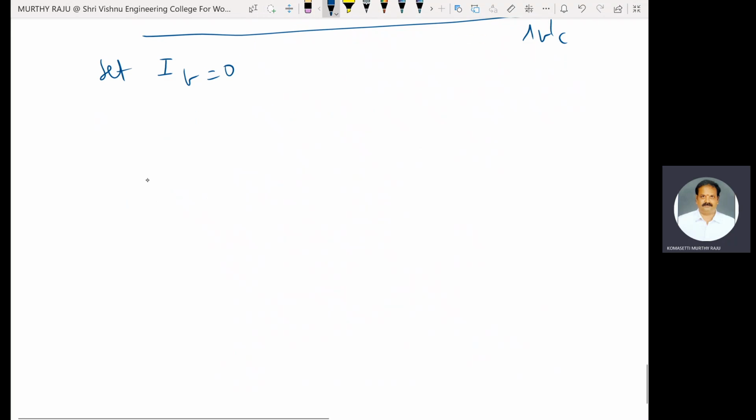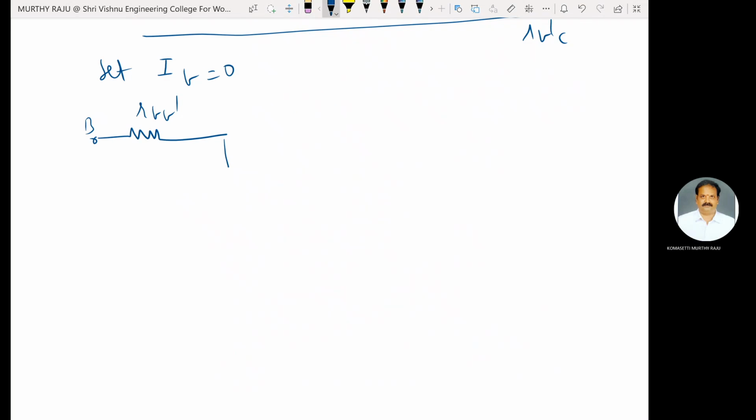Consider the hybrid pi model for CE configuration at low frequency, that is here. RBB dash, this one is base. RB dash E, this one is emitter.